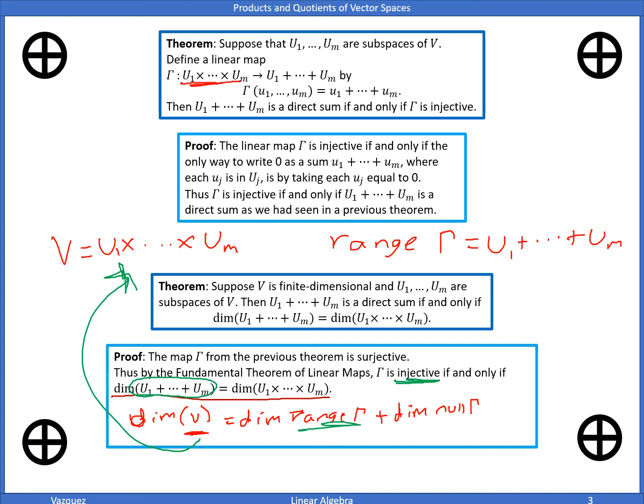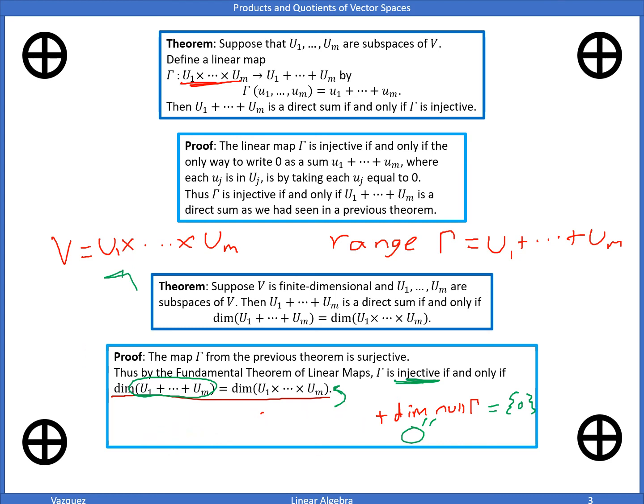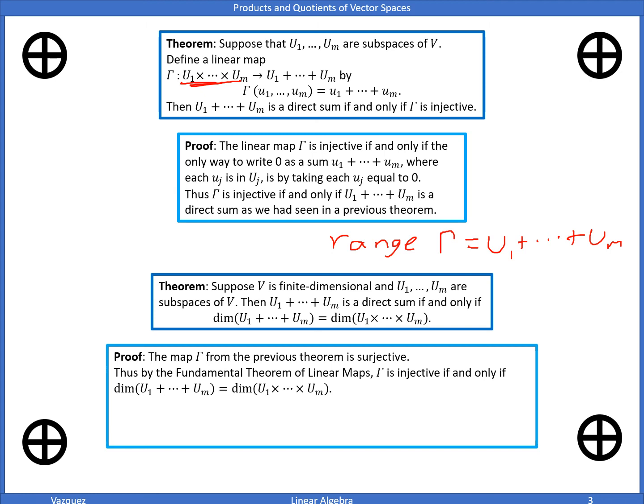So it's injective. What does injective mean? That means that the only thing that maps to 0 is 0, right? So it's 0-dimensional. The dimension of the null space is 0. So therefore, that's why these two are equal. So this map is injective if and only if the dimension of the range is equal to the dimension of the vector space, because the dimension of the null space will then be 0.